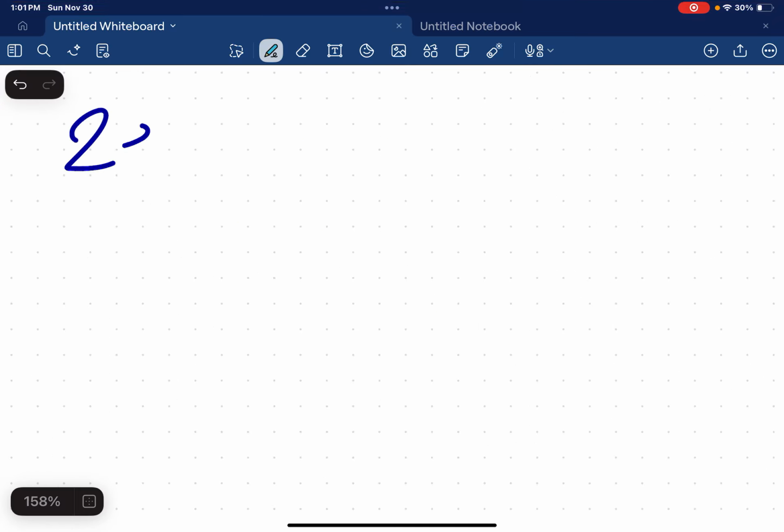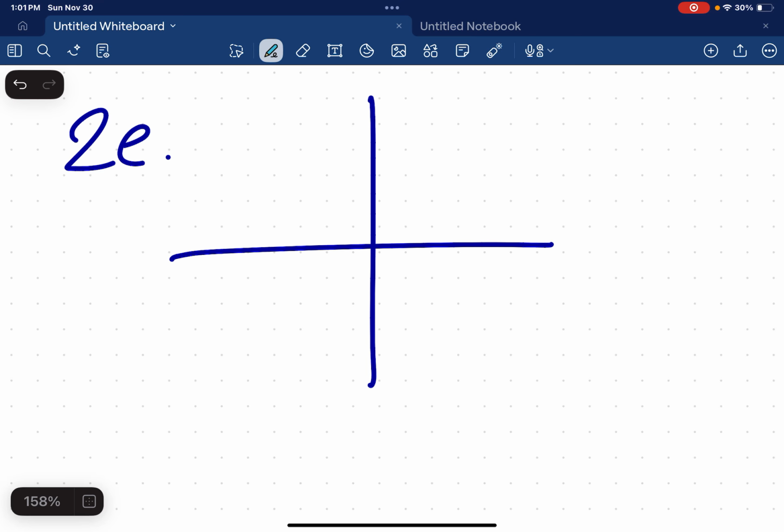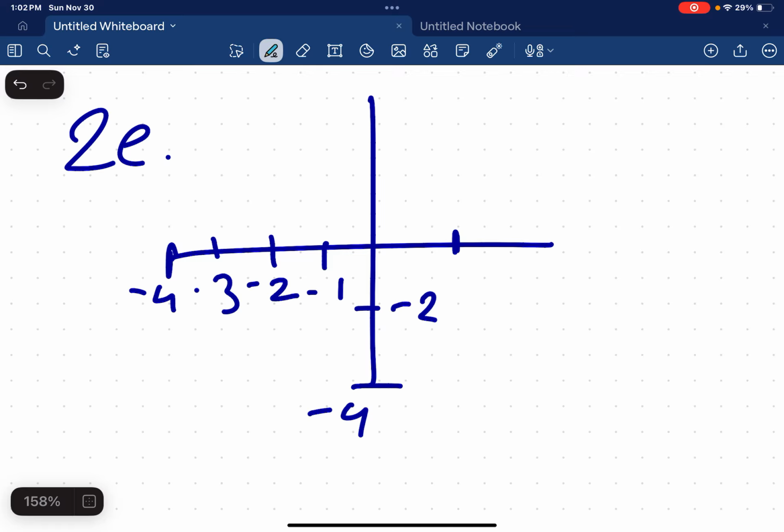On to 2E. Okay, 2E is hell, as in it gives me like 50 different points here. And I'll try to mark them to my best. So first we have -4, 2, -1, -3. Okay, so our first point's actually going to be on 2, 0.